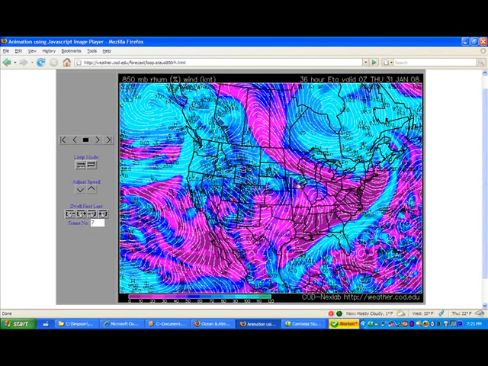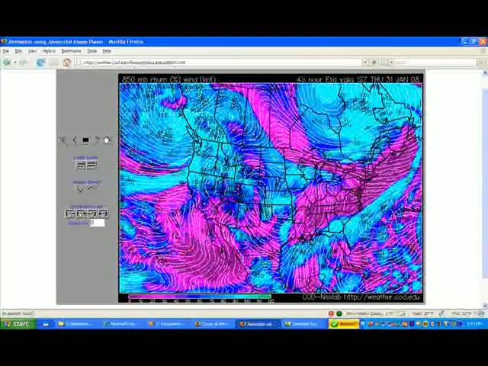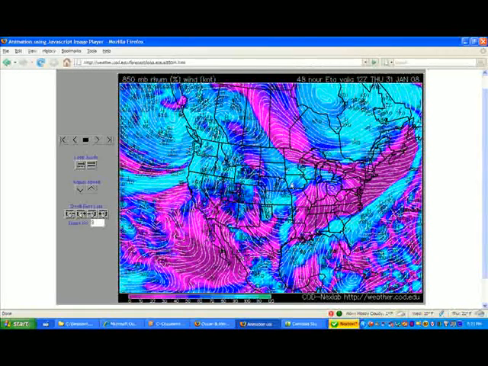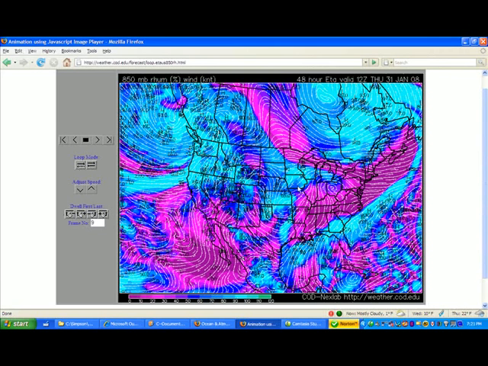But right where Des Moines is at, it's still marginal. Now I'm going to go into 12Z of the 31st, and now I see some darker blue, which would correspond to 60 to 70%. So it looks like Des Moines is borderline at several times throughout the forecast period, but not quite at 80%.